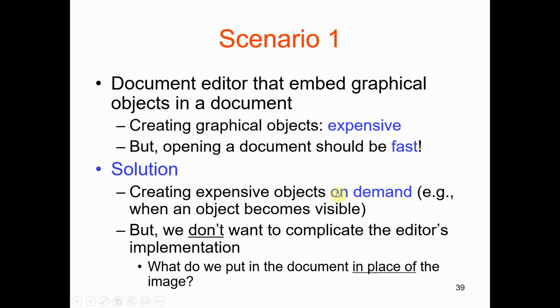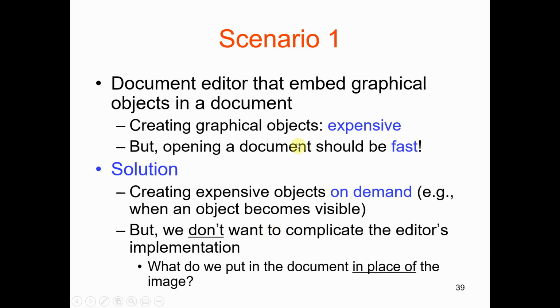From the user's point of view, I click on the document, and then the document opens, boom, fast. However, this graphic object is not open yet. Then if you scroll down to the page that contains the graphic object, it will be loaded. So from the user's point of view, it achieves both: it opens fast, and when I go to the page, the graphic object is there.